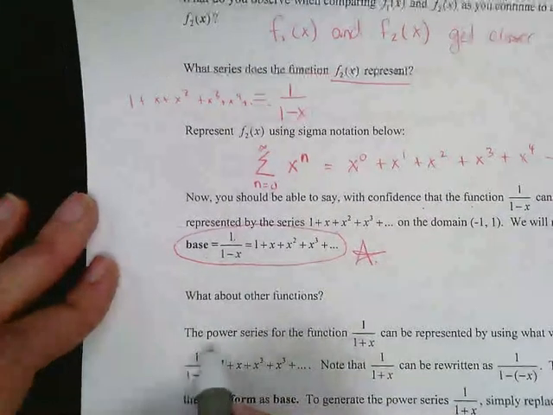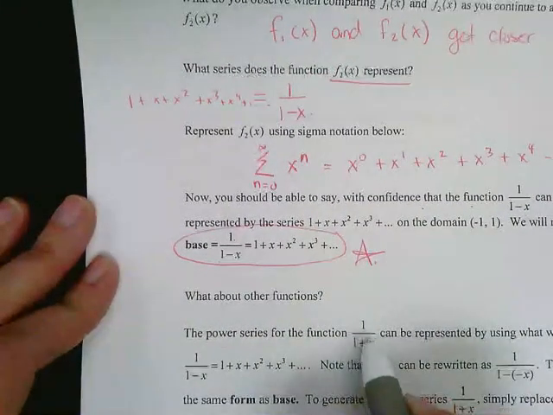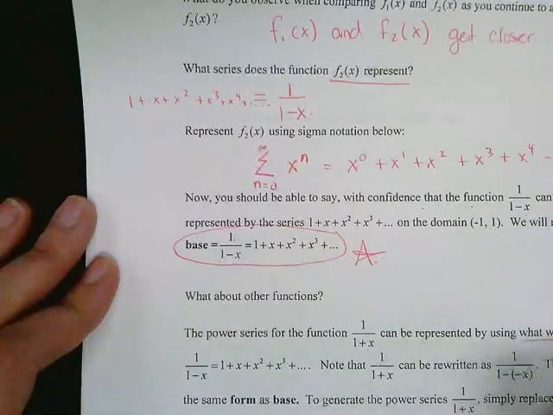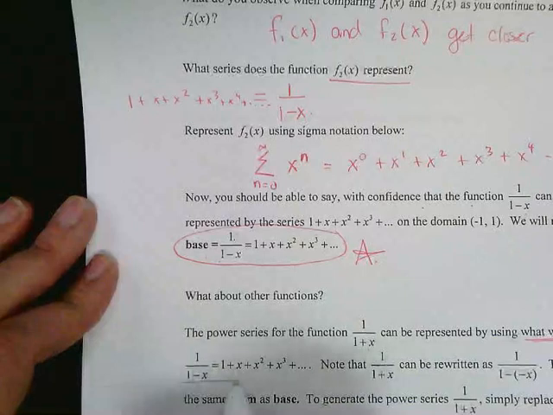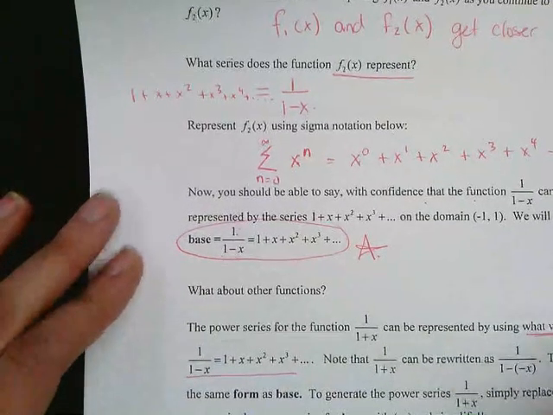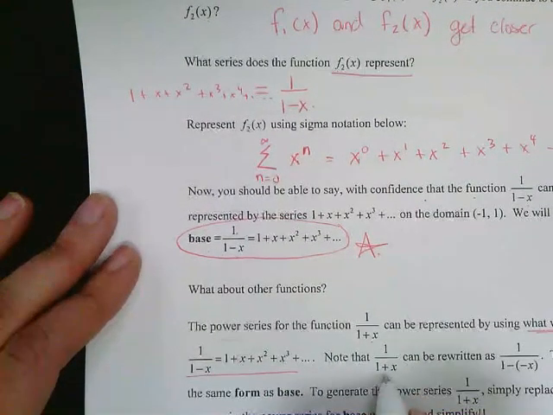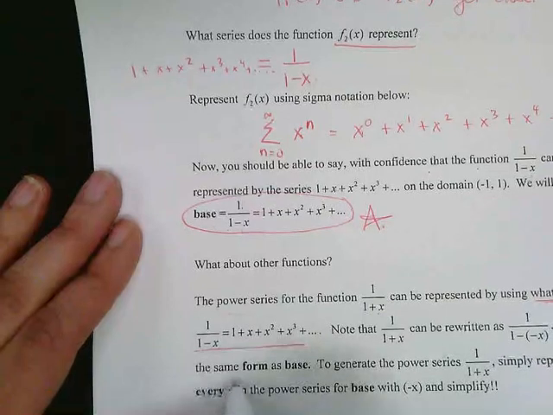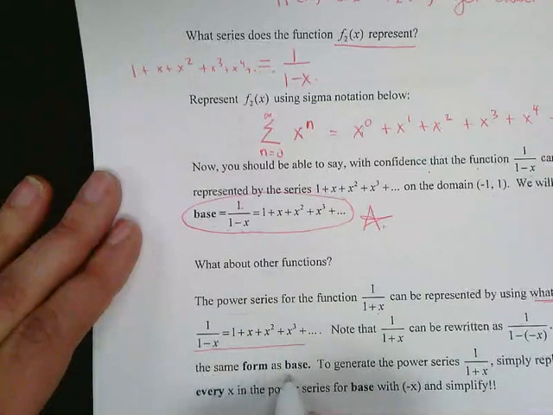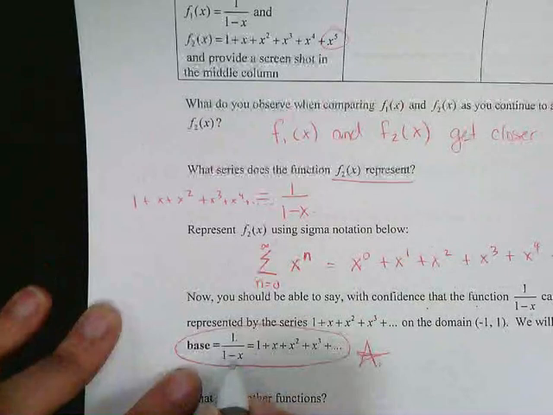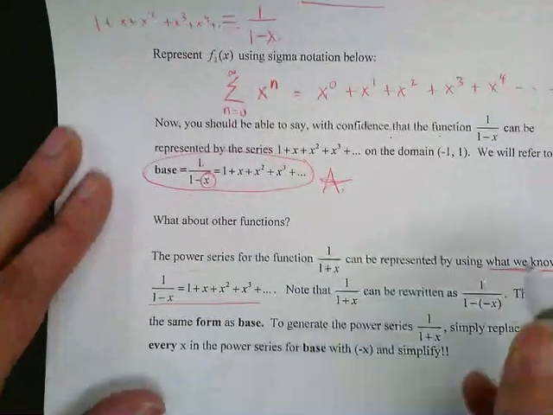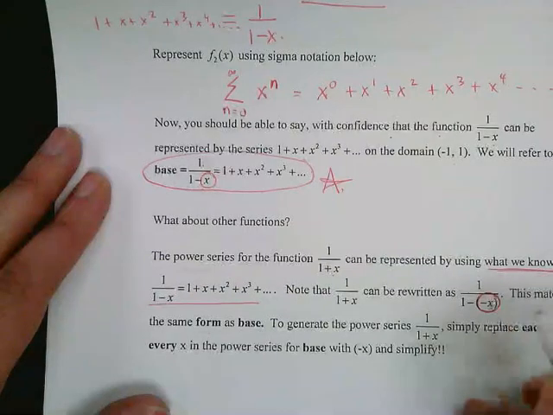Okay? The power series for the function 1 over 1 plus x can be represented by what we know about 1 over 1 minus x. Because 1 over 1 plus x can be rewritten as 1 over 1 minus negative x. So this matches the same form as the base, right? Except instead of that x, what do we have? We have negative x.